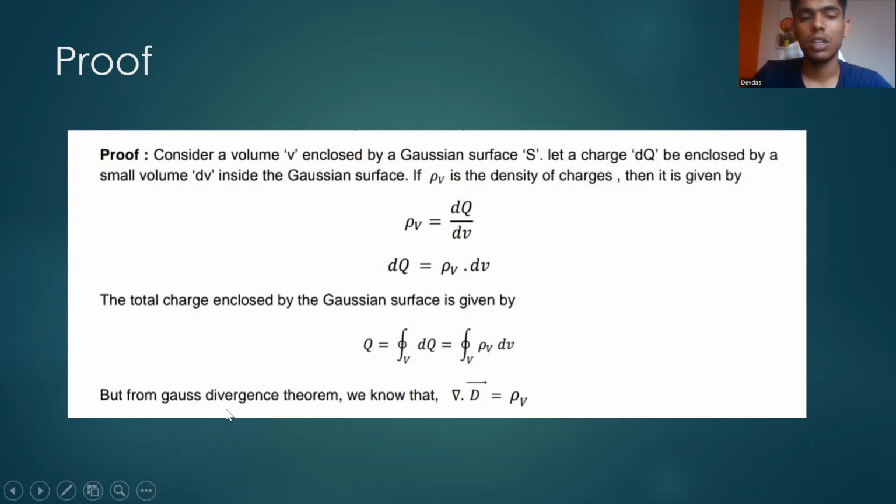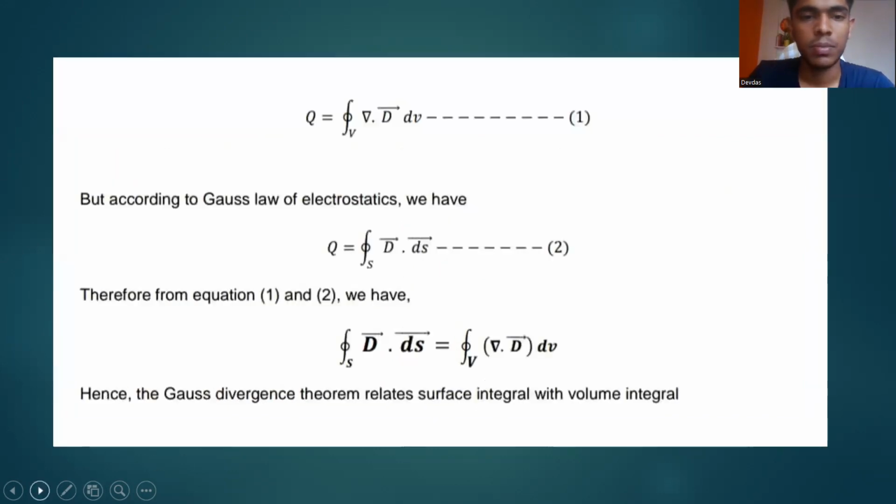But from Gauss divergence theorem, we know that del dot D vector is equal to rho v. So the divergence of D vector is equal to rho v. Basically, this is what we refer to as divergence in mathematics. So Q is equal to the closed volume integral of del dot D vector dV. But according to Gauss law of electrostatics, the other formula for Q is the closed surface integral of D dot dS.